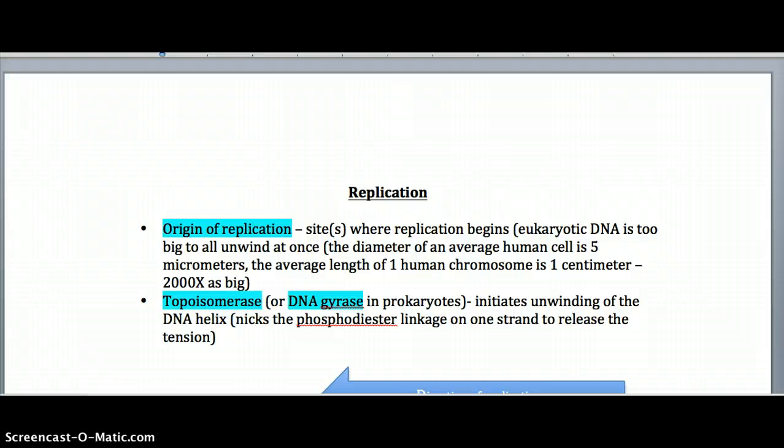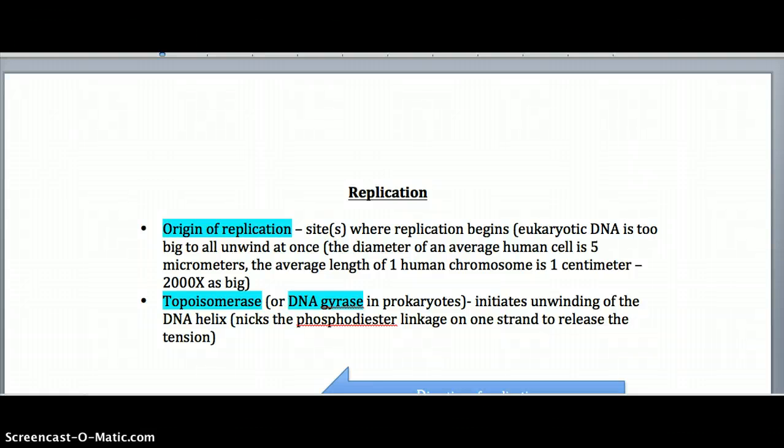So there'd be a spot somewhere in our diagram off to the right-hand side where the phosphodiester linkage was nicked, where some of the tension was unwound, and where the helicase enzyme, which we'll look at in a minute, came in and started opening up the hydrogen bonds to open the two strands of the DNA molecule. So the origin of replication, again, is off to the side.